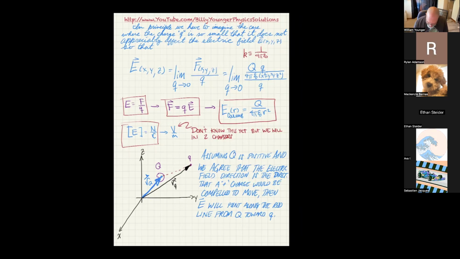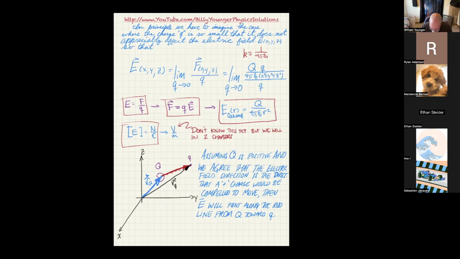So if you imagine putting a positive charge at little q, and you already made the assumption that big Q is positive, you would see that the force, or the electric field in this case, is in fact along this direction. Okay.